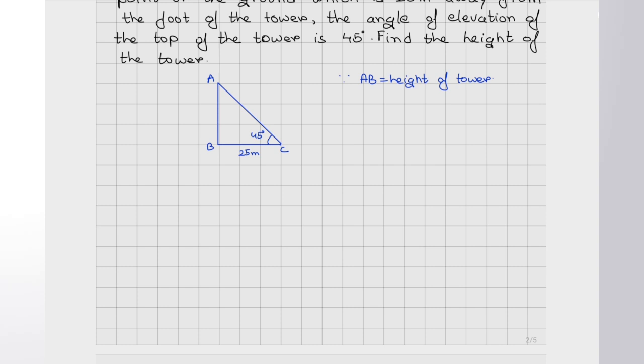We know the adjacent. We don't know the opposite. So how will we find? We'll use the ratio tan 45. Tan 45 is equal to opposite by adjacent. Tan 45 is equal to opposite is AB, adjacent is BC.